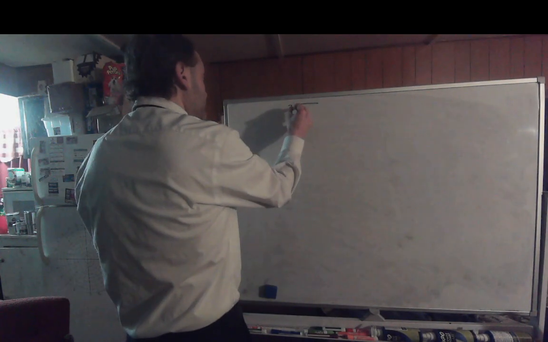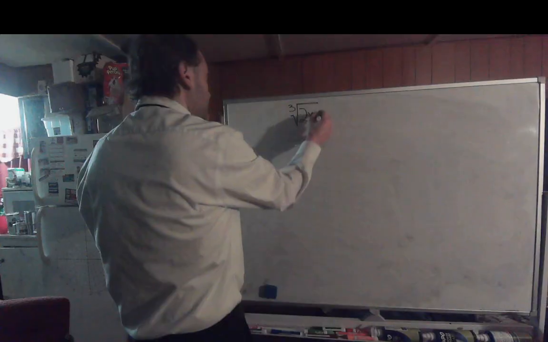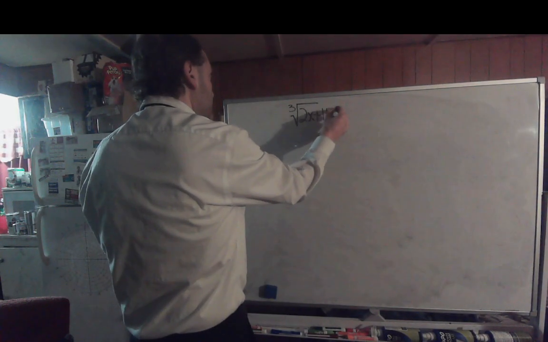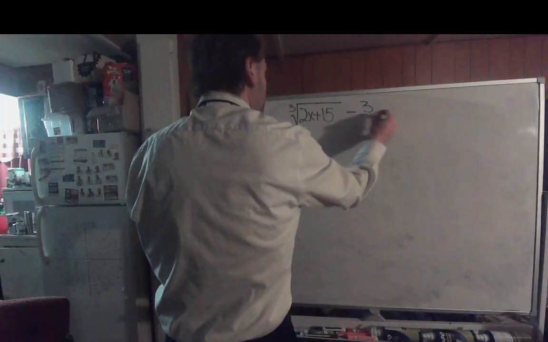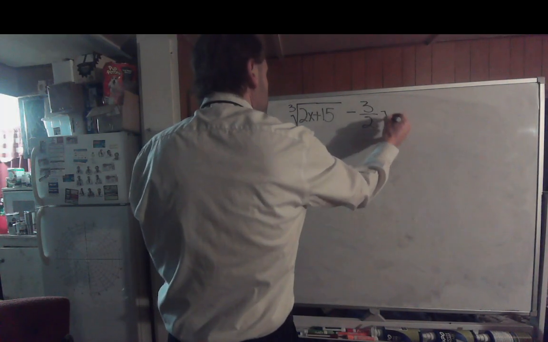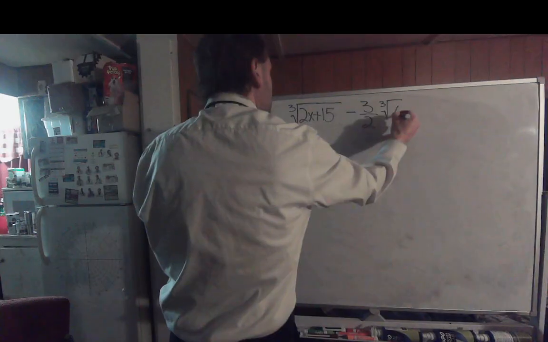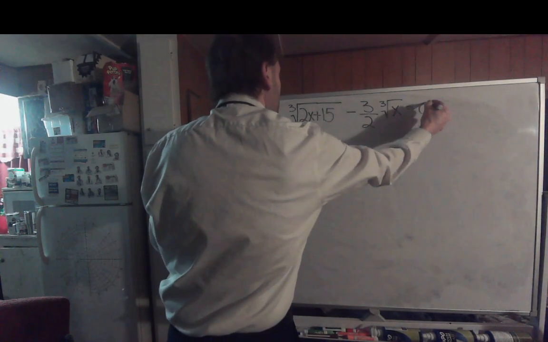So we have the cube root of 2x plus 15 minus 3 halves times the cube root of x equal to 0.